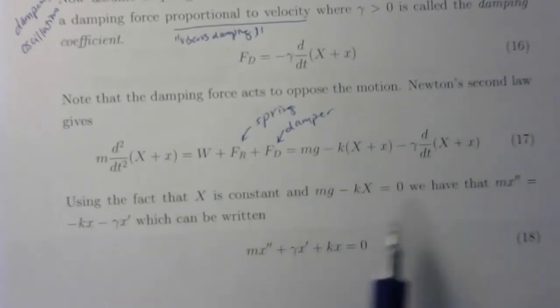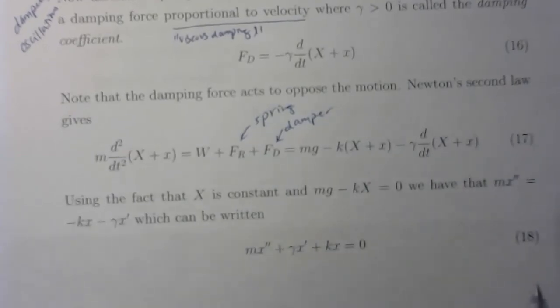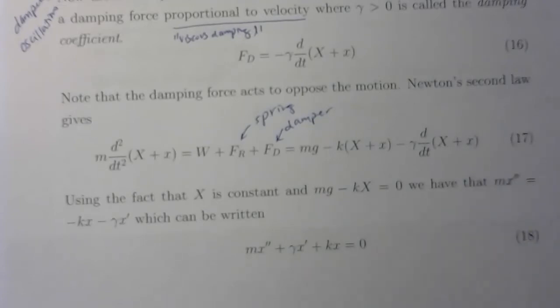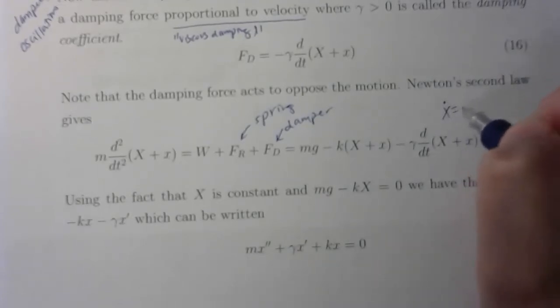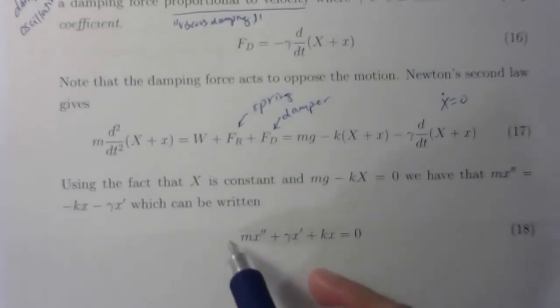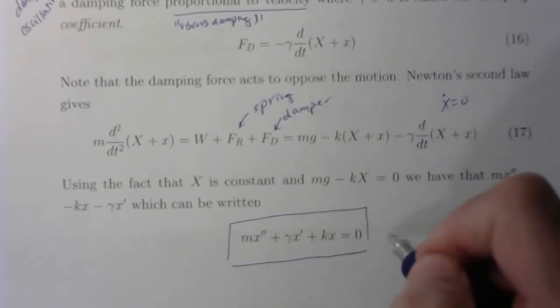We know these terms are going to cancel, and we know that the derivative of capital X is equal to 0. So we get this other famous equation for not a simple harmonic oscillator, but what we call a damped oscillator.